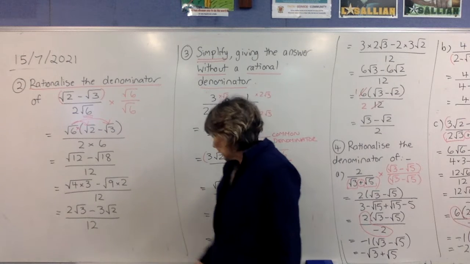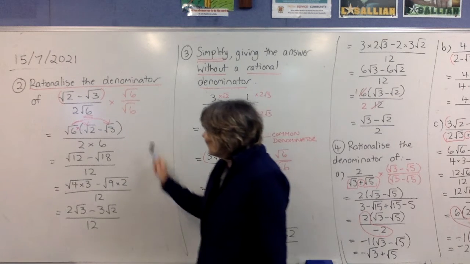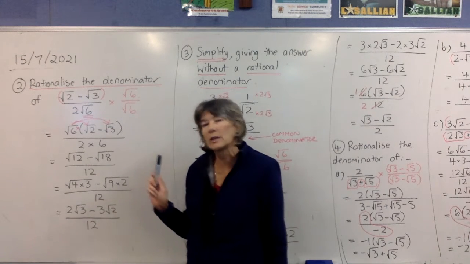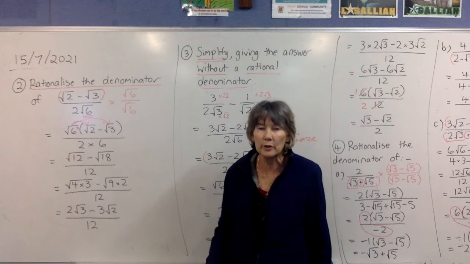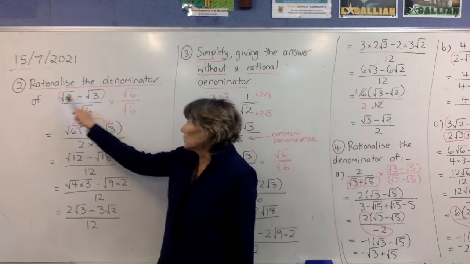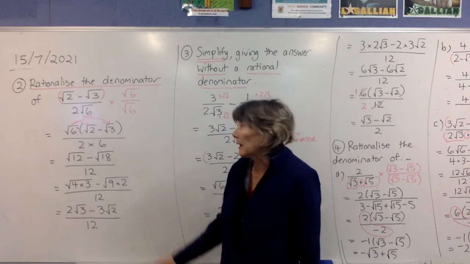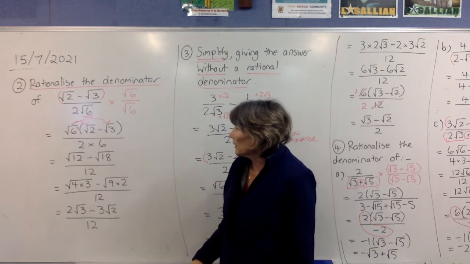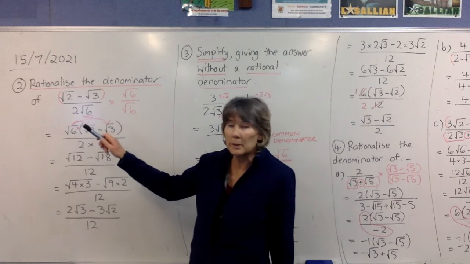Don't forget that when you're doing anything with fractions, if you see a top or a bottom of any fraction with more than one term, it must go into brackets. That's why I put a bracket around there with the red pen. Now we're going to start to multiply our tops and bottoms.